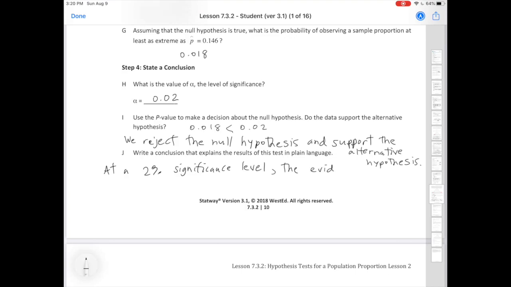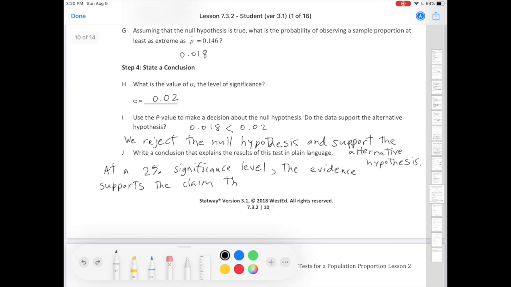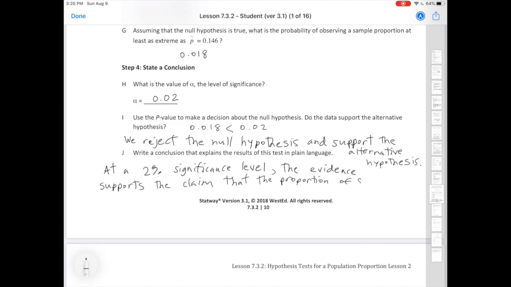The evidence supports the claim that the proportion of Superstorm Sandy victims that are depressed is different from 0.12. Okay, so again, this is what the alternative said, isn't it?